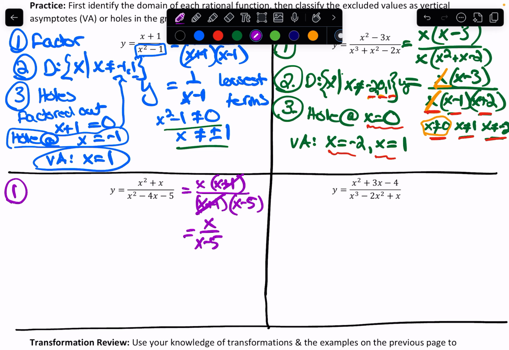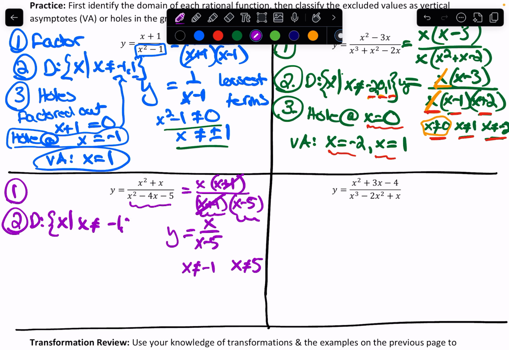But now, we need to make sure that we remember that x cannot equal negative 1, and x cannot equal 5 either. Those are the values that will set this original denominator to become a 0. So our domain here is going to be x is such that x does not equal negative 1 or 5.